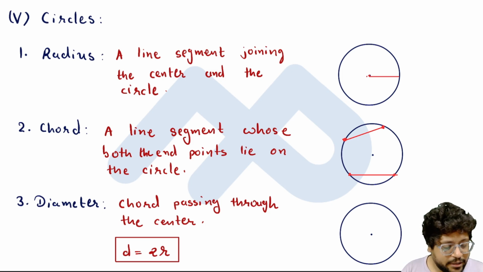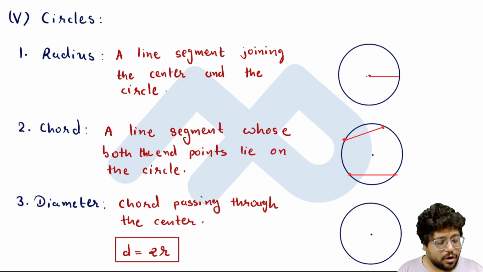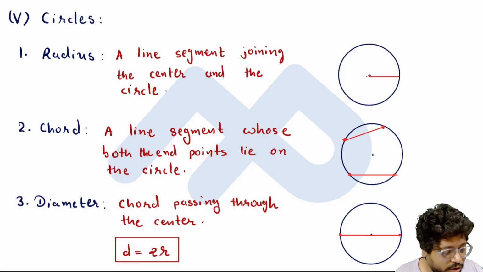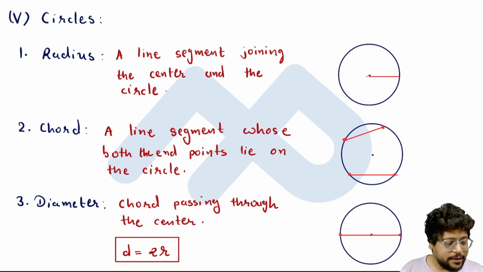Third, diameter. Diameter is also a chord, but it's a special kind of chord which passes through the center of your circle. So it's a chord, but it should pass through the center. And make sure that a diameter is the largest chord you can find in any circle. So if the circle has a diameter of 10 centimeters, then of course you cannot draw any chord more than 10 centimeters.